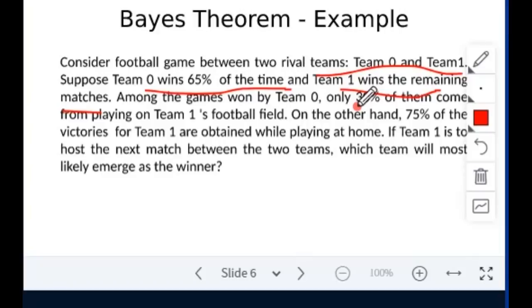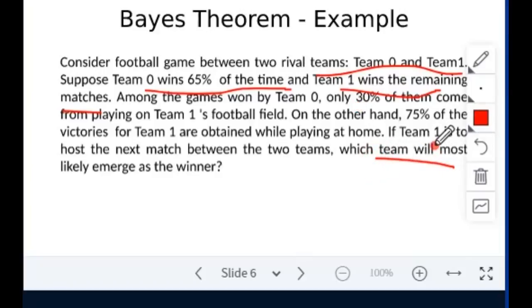On the other hand, 75% of the victories for Team 1 are obtained by playing at home. If Team 1 is to host the next match between the two teams, which team will most likely emerge as the winner?